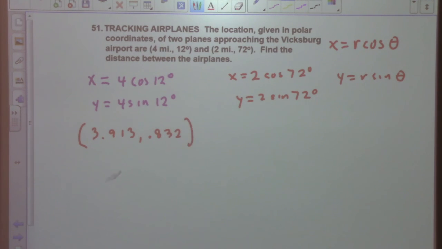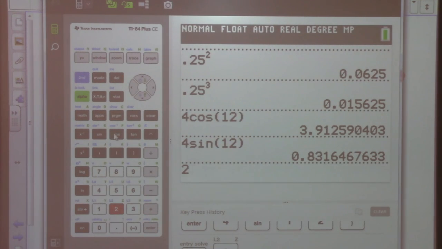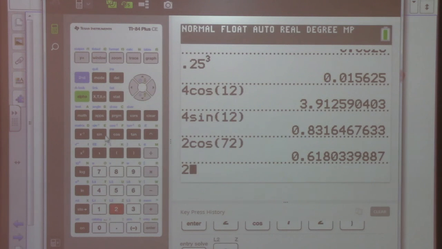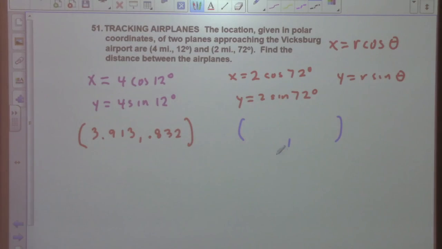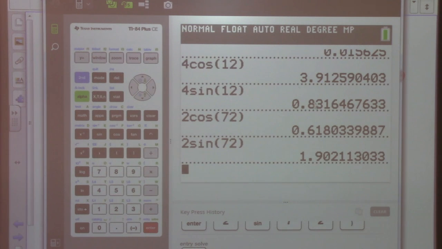Okay, so that's this one right here, right? And next we have 2 cosine 72 degrees and 2 sine 72 degrees. So we get 0.618 and 1.902.